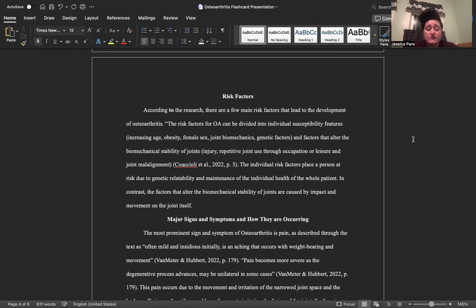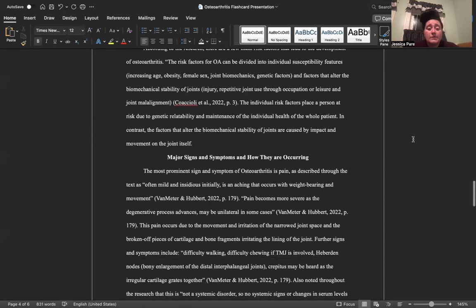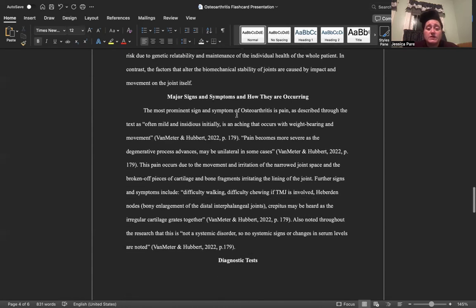So injury, repetitive joint use through occupation or leisure, and joint malalignment. The individual risk factors place a person at risk due to genetic relatability and maintenance of the individual health of the whole patient. In contrast, the factors that alter the biomechanical stability of joints are caused by impact and movement on the joint itself.